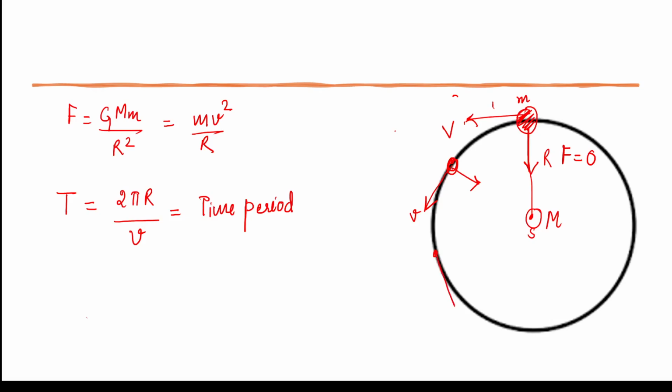It comes here, the velocity changes its direction too. The force is continuously pointing towards the center, which is the sun. So the purpose of this force is to change the direction of velocity. So if this force suddenly becomes zero, it's going to keep moving in this direction. There's no force to change its velocity. So it'll keep moving tangentially.